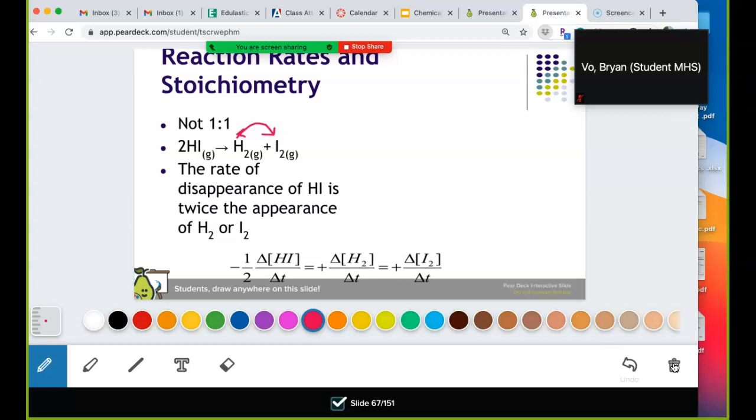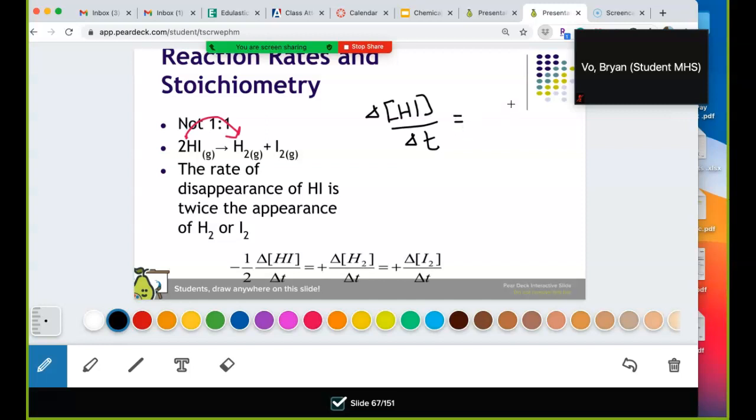Now, mathematically, based on the last slide that I showed you that had 1 over the coefficient, let's write it based on this one. We're going to look at the rate of HI compared to the rate of H2. Okay? So how do you do that? Well, what does rate mean? Rate means change in concentration over change in time.